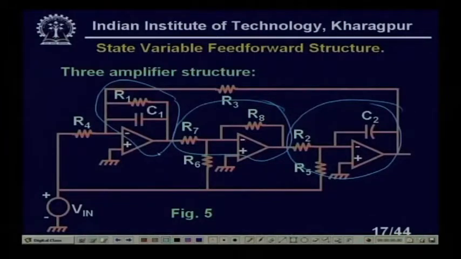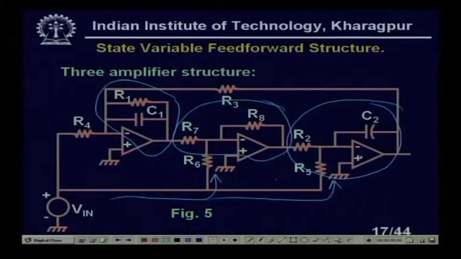So, first one is a lossy integrator or damped integrator, then you have an inverter, then we have another integrator. And we see here there are feed forward through R6 and R7, because input is coming here, it is going to R4 to the first amplifier, then through R6 and through R5 we are giving two feed forward. This type of structure can generate any filter functions.